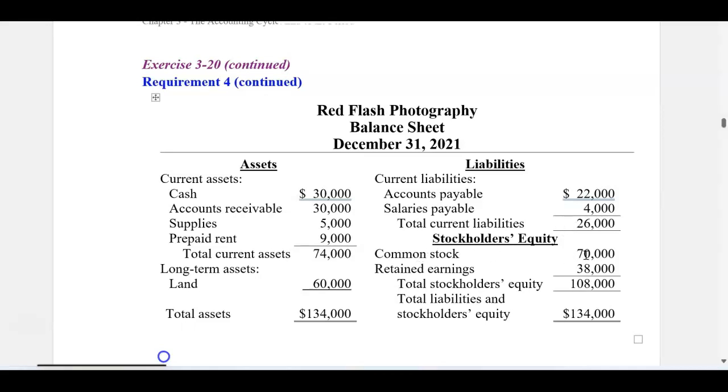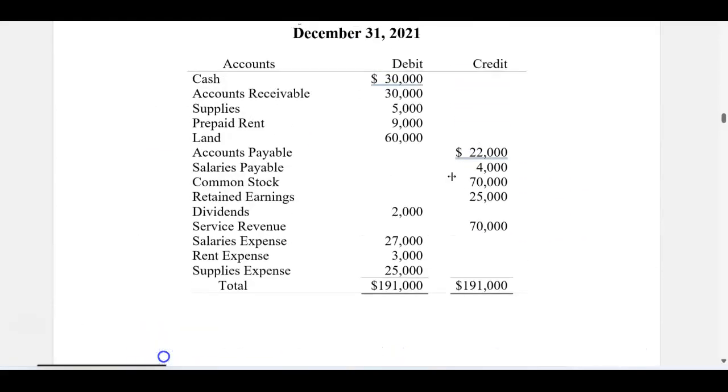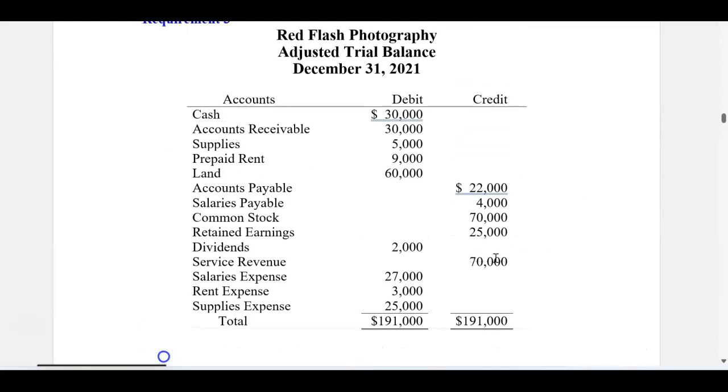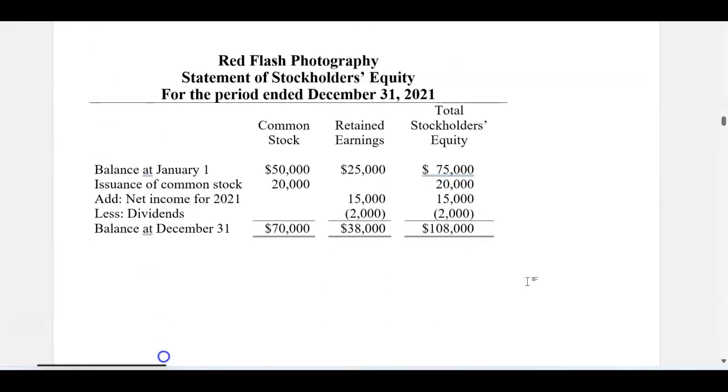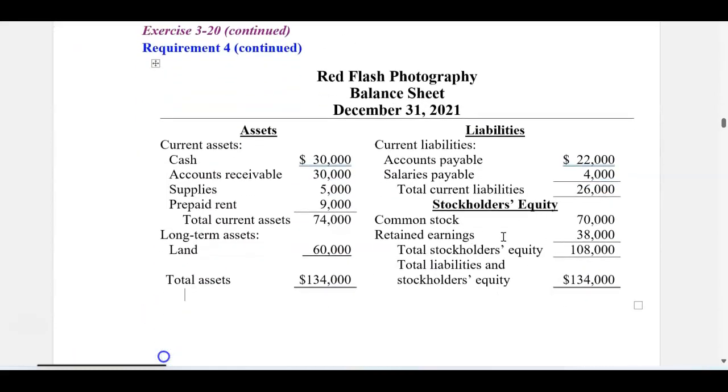Equity: common stock is $70,000, which you have in here, and the same information is right there in the adjusted trial balance. But retained earning comes from here, $38,000, from the retained earnings section of your stockholders' equity. So your retained earning at the end of the year is $38,000.